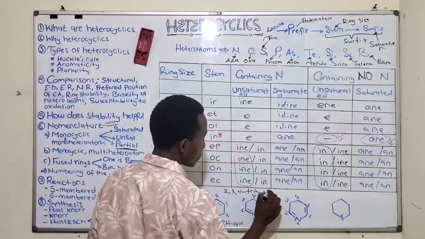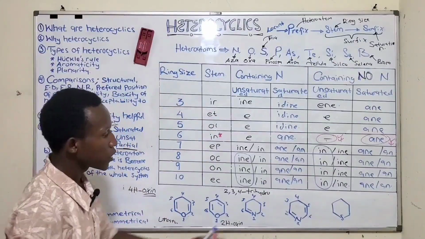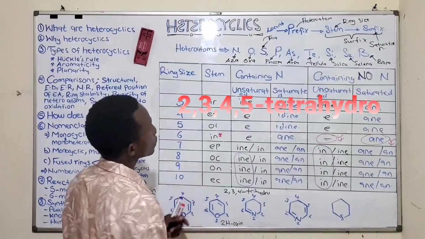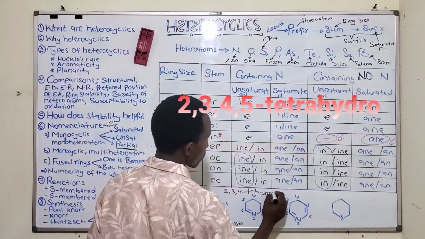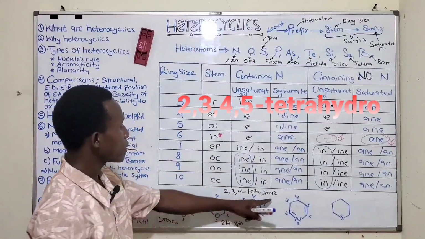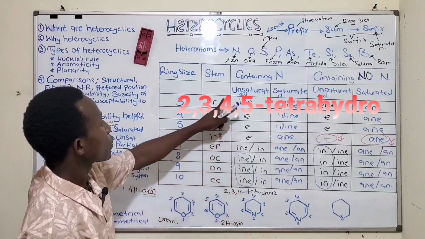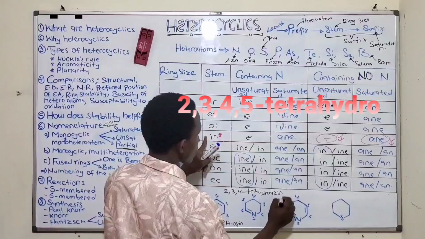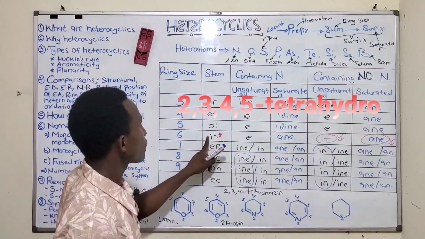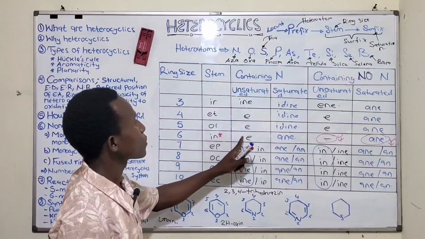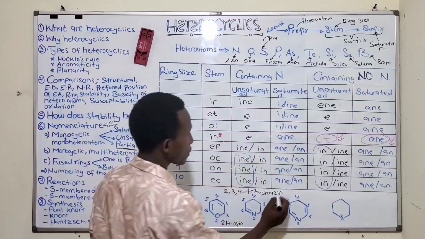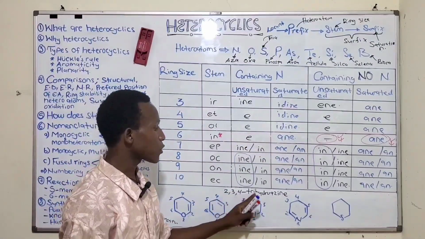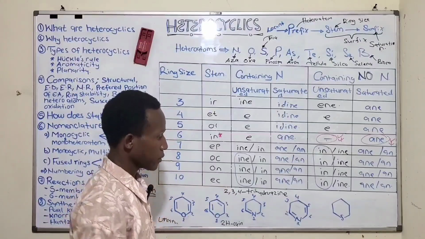Trihydro. Then you give the name for the unsaturated ring. Since it is nitrogen, it will be trihydro, then we go to the ring size here, in. Then if it is unsaturated, we just add E. So it is like this, 2, 3, 4-trihydroazine.